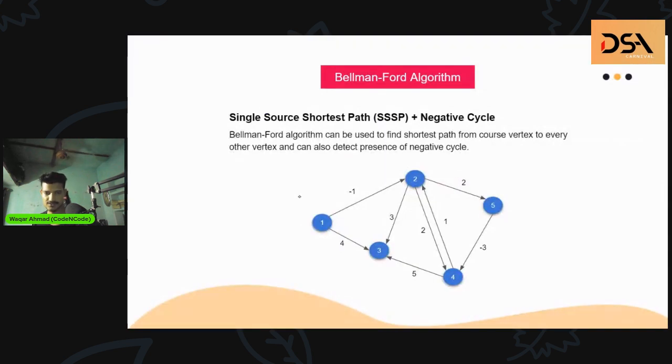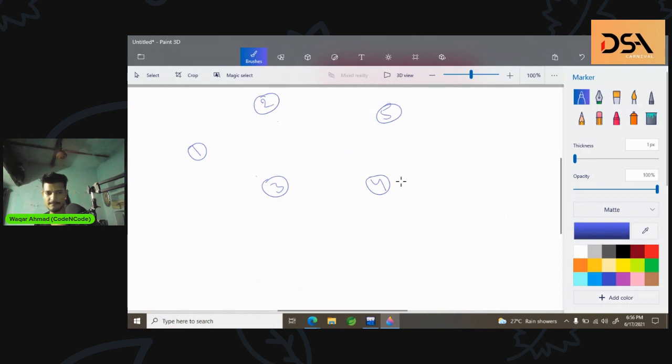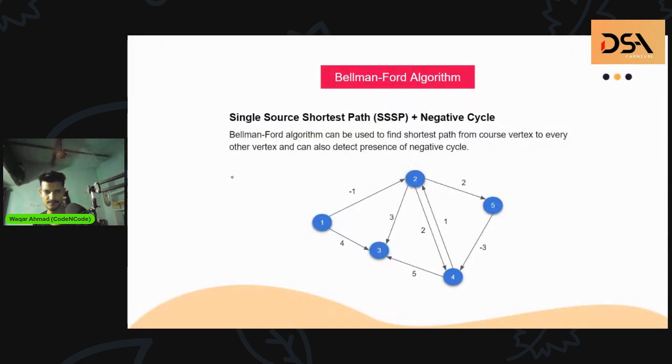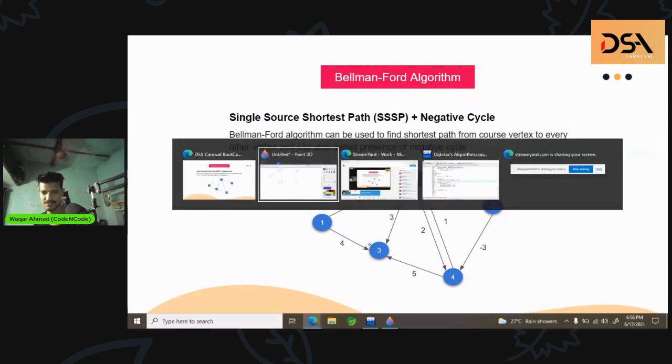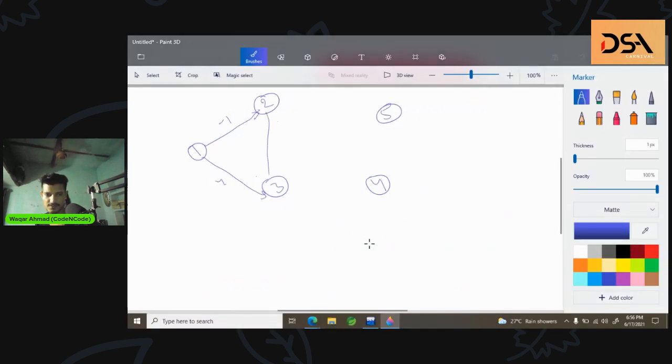Let me just draw this: -1, 4, -1, 4, this is 3, this is 5.